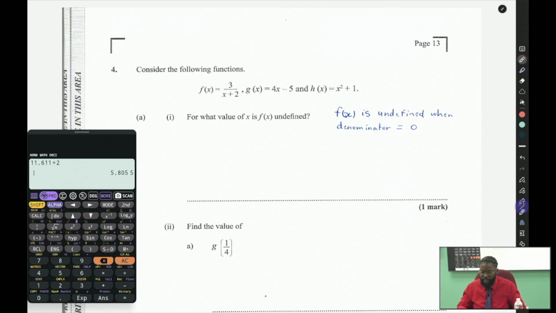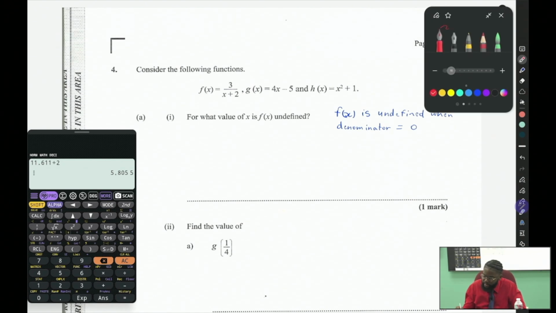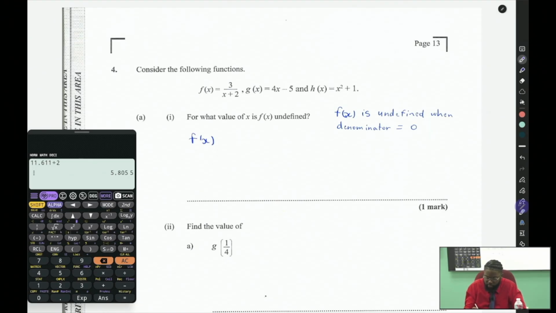So f of x is 3 over (x plus 2), and then we could isolate the denominator and equate it to 0 to find what value would make the denominator become 0.